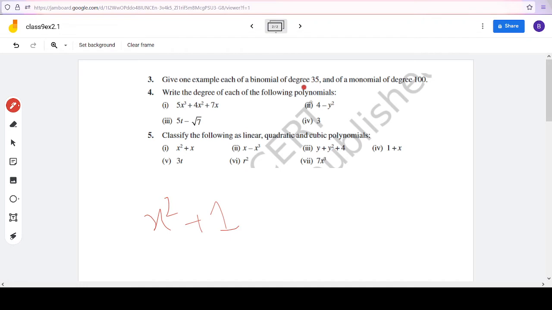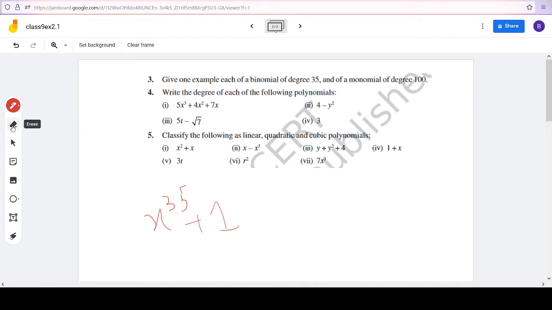But they are asking for a degree of 35. In this expression the degree of the binomial is 2. I want to make it 35, so I can very clearly write it as x power 35 plus 1. What is important is that x power 35 should be present, and the other term can be anything but not x power 35, because I will show the following.